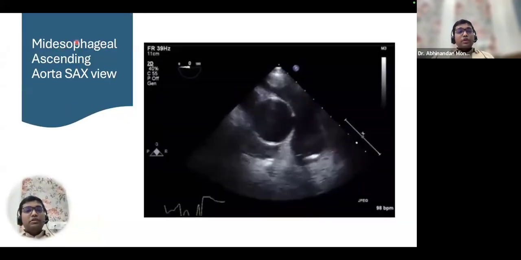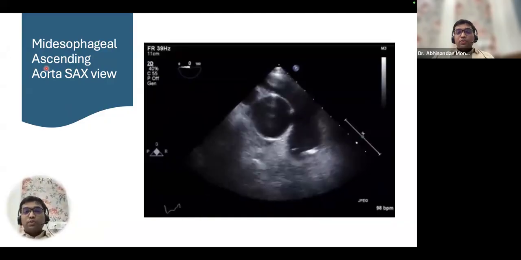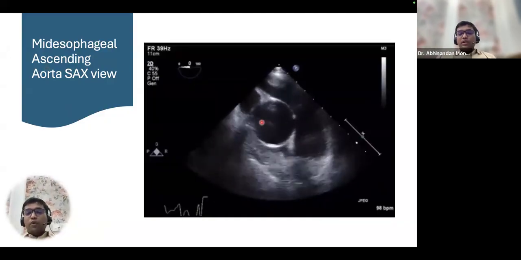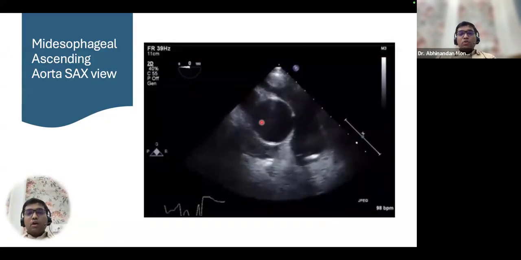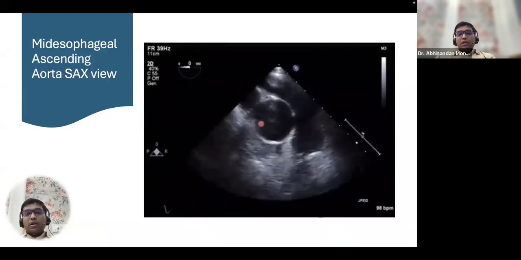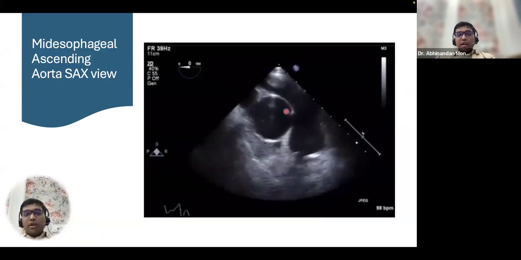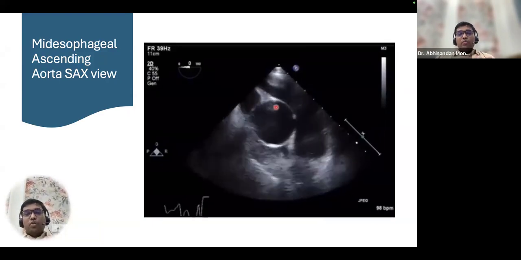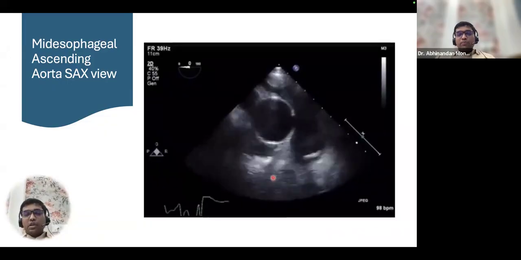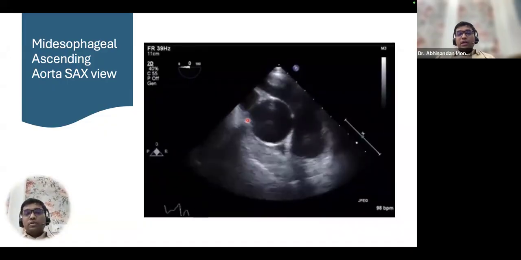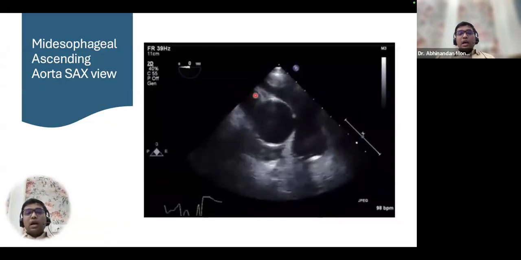Now, this is a mid-esophageal ascending aorta short axis view. So how to bring up this view? While focusing on your aortic valve in a short axis view, if we withdraw your TEE probe a little bit, you will be able to see a short axis of your ascending aorta.